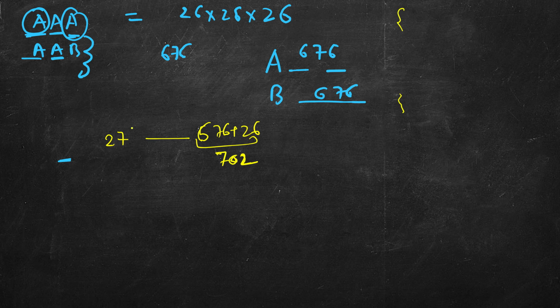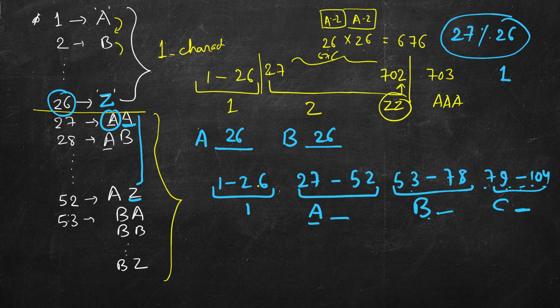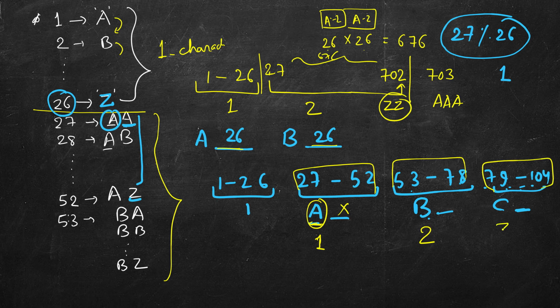So what should the number be? From 1 to 26 we have one character. From 27 to 702 we have two characters. And we had also seen here that A will remain constant for 26 values, then B, and so on. So we have to map 27 to 52 to 1, which corresponds to A. Then 53 to 78 should be mapped to 2, 79 to 104 should be mapped to 3, and so on.